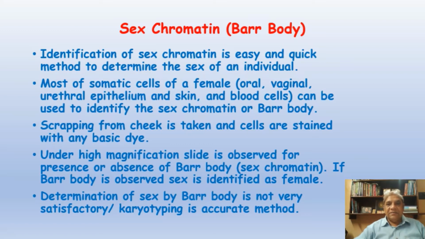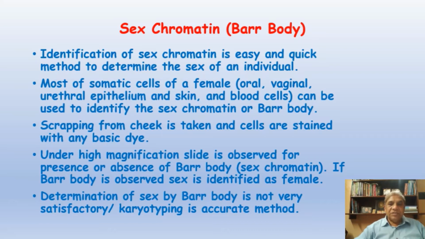In the case of a male, you are not sure if you are not seeing the Barr body, so many cells you are observing, and if it is not seen, then you can say that the Barr body is not seen and probably it is male, but with certainty it is difficult. But yes, if you have seen the Barr body under the slide, you can say that the person is a female.